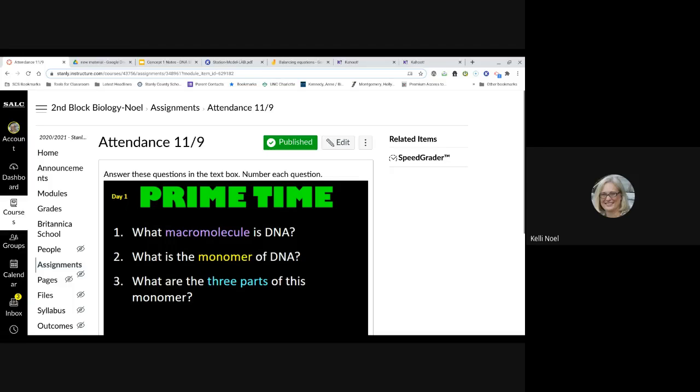All right, so the monomer of DNA is called a nucleotide. And just to help with this next part, there is a 5-carbon, what do we call these?